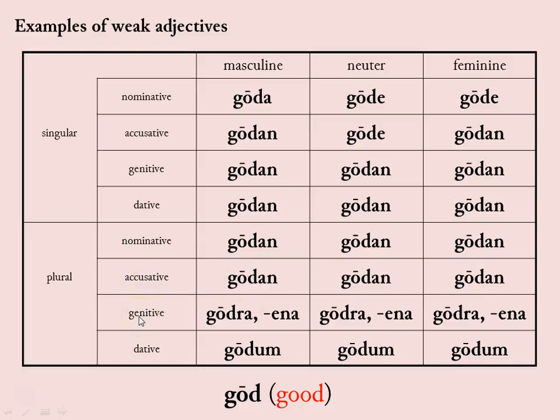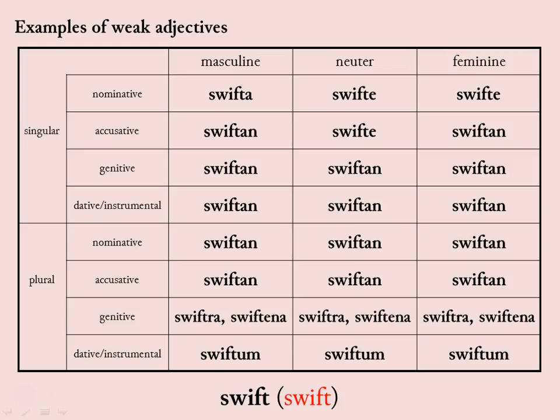The plural genitive, masculine, neuter and feminine, it is gōdra or gōdena, and in the dative, gōdum. Another example is the adjective swift in the weak declension. In the nominative it is swifta, neuter swifte, feminine swifte.